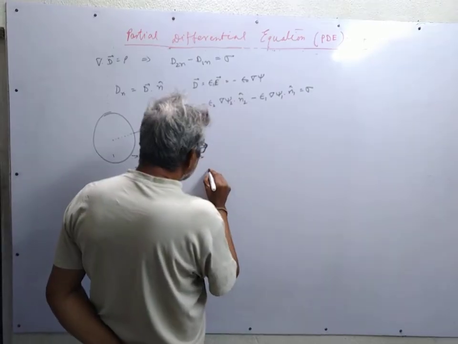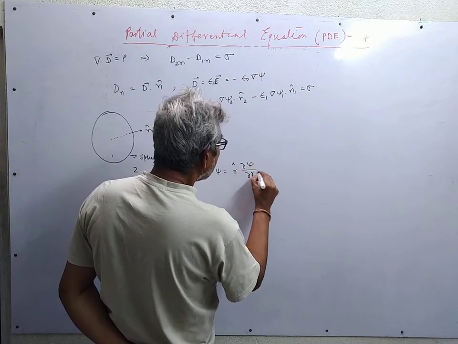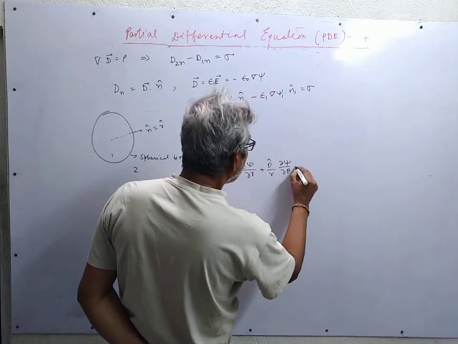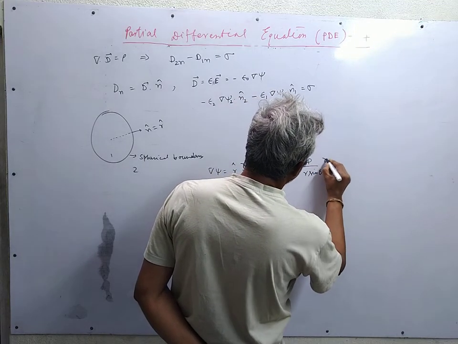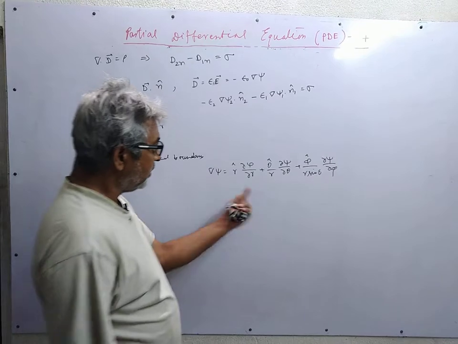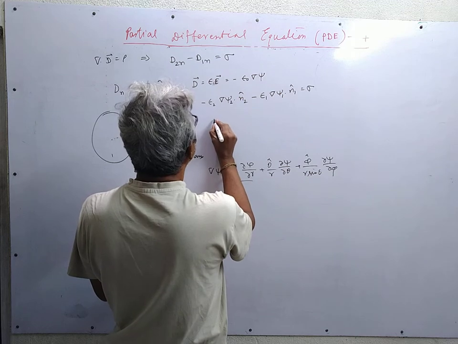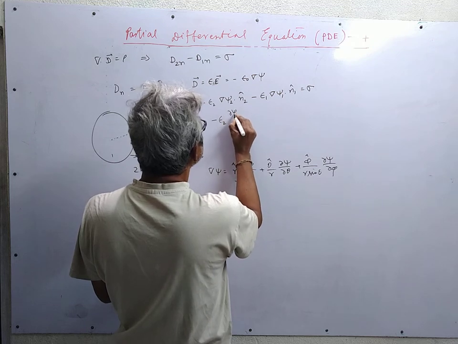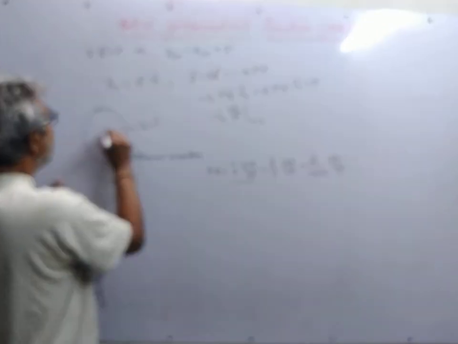Now we know the gradient operator in spherical polar coordinates is this. So when this is dotted with r cap, only this part survives. At the surface, we assume r is equal to a.